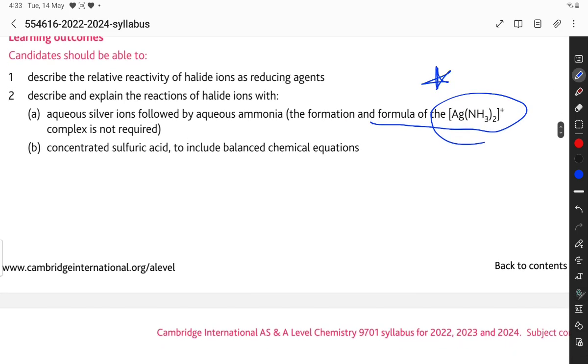Concentrated sulfuric acid: include balanced chemical equations with cold dilute sulfuric acid, as well as with hot concentrated sulfuric acid. Sulfuric acid acts as an oxidizing agent and reacts with the salts of halide ions.